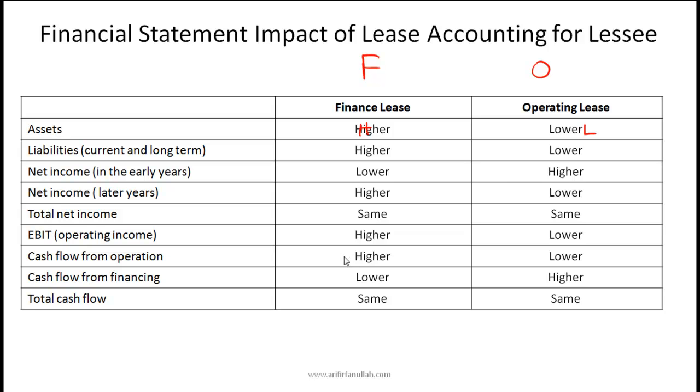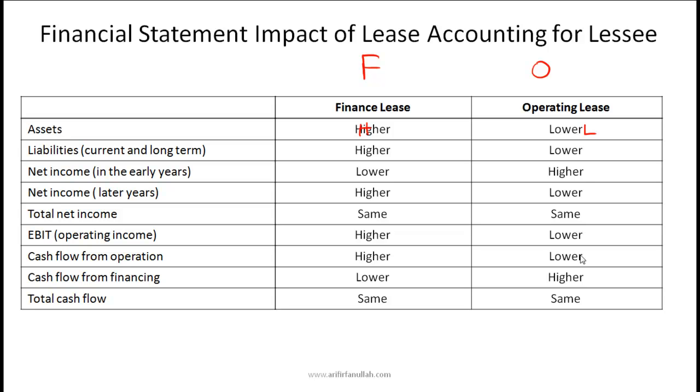Why is this? This is because the lease expense will be shown as an outflow from operations for the company that is showing an operating lease. Since the entire lease expense is shown in operations for this company, therefore the CFO is going to be lower. Remember, the lease is an outflow, so it's a minus number.